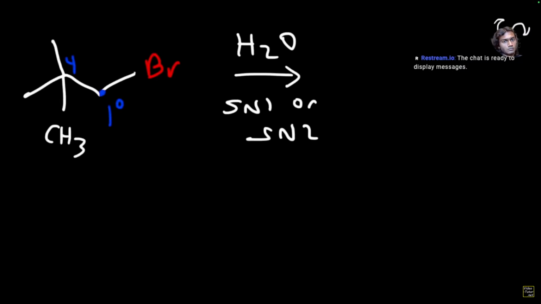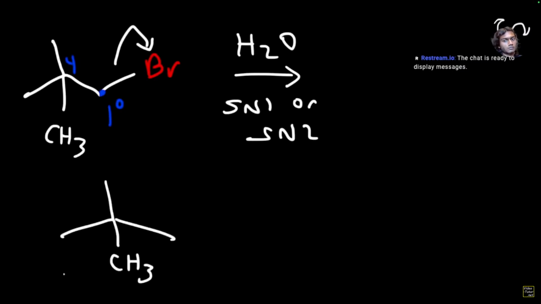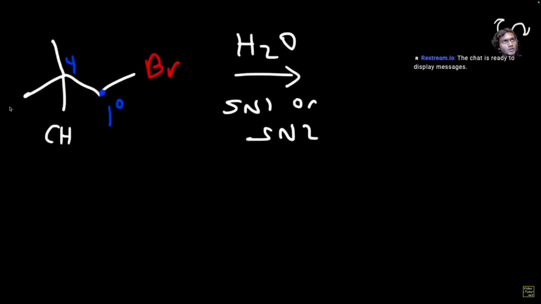Now, in a typical SN1 reaction, the leaving group will leave. But if we do this, we are going to get an unstable primary carbocation. And so that's not going to happen. So here is what's going to happen instead. A methyl group is going to attack the primary carbon, kicking out the leaving group.